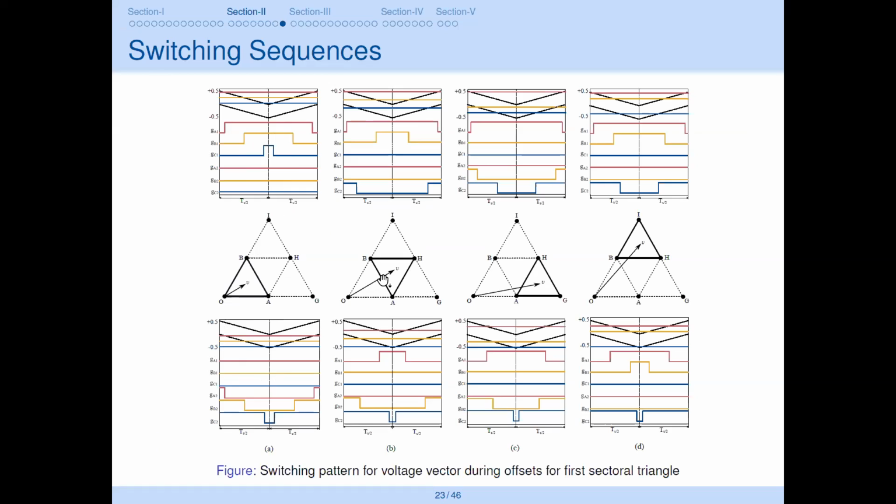Similarly, when the vector is on the second triangle, the top one is the positive offset and the bottom one is the negative offset, and so on. So for all four triangles, the vector position has been realized for the switching sequences. You can see that there is no overlapping between the PWM pulses when you have this kind of technique.